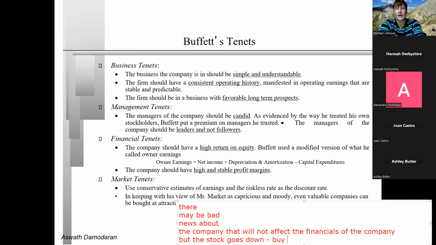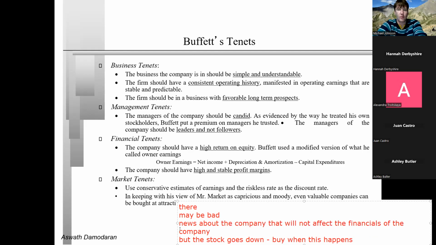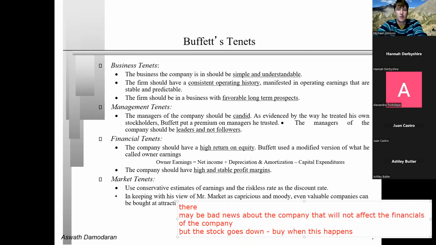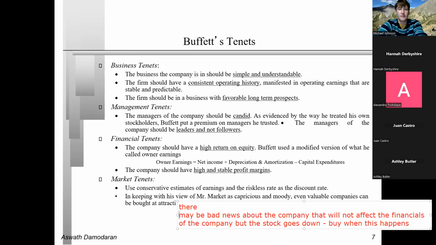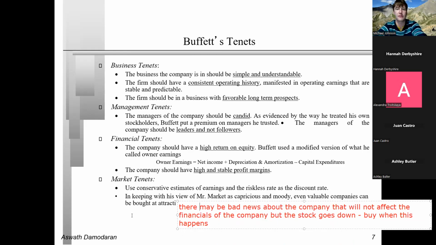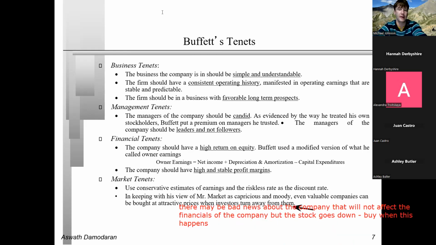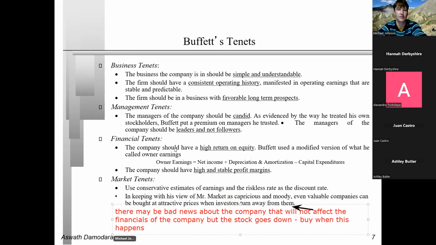So buy when this happens. If there's bad news about the company and it won't affect the financials, buy it then. That's a good strategy, and Warren Buffett has used that a lot over the years, where he's bought at a cheap price because there's been bad news that has brought the stock price down.